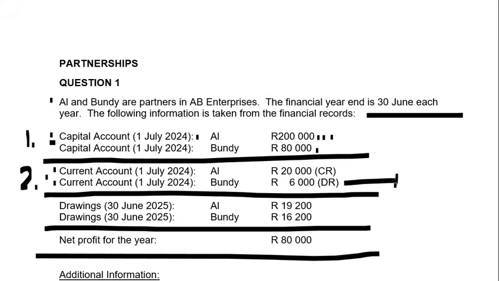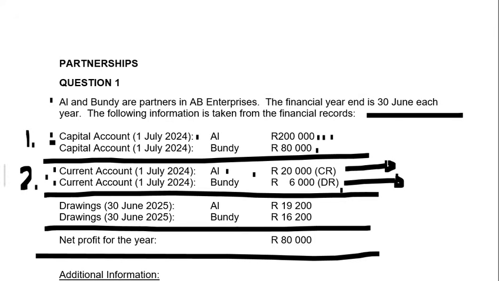Important to note that one partner, Bundy, has a debit balance. Let's start with the credit balance. A credit balance is a favorable balance for a partner to have. That means in this case Al has a 20,000 Rand stake in the business, and Bundy actually owes the business 6,000.